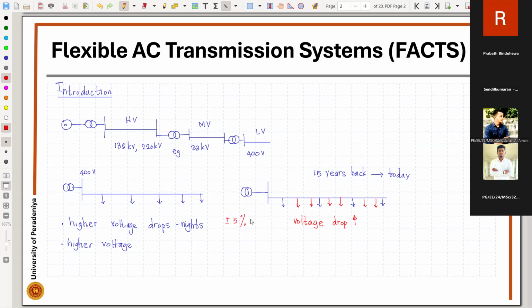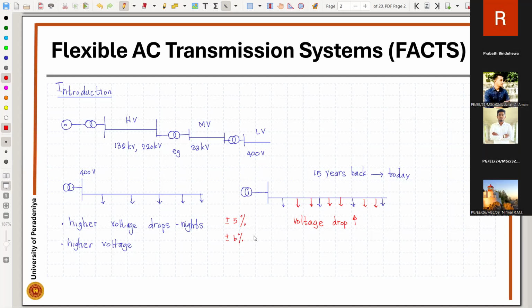Any other answers? I think Chandrasena. 6%, sir. Plus or minus 6%. Okay. Nirmal. About 10%. Plus or minus 10%.